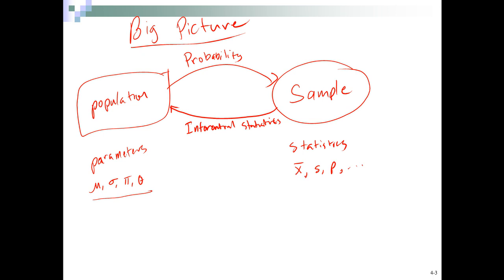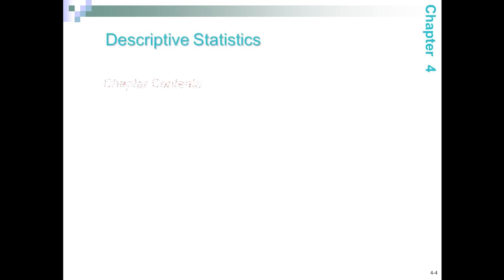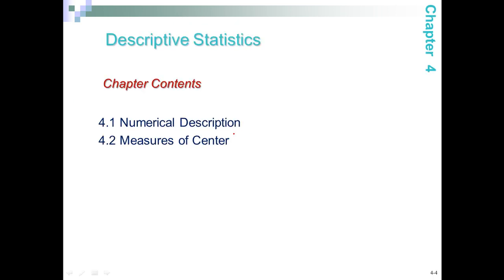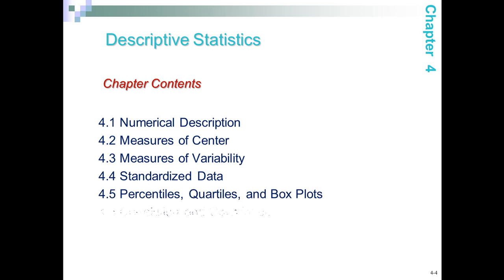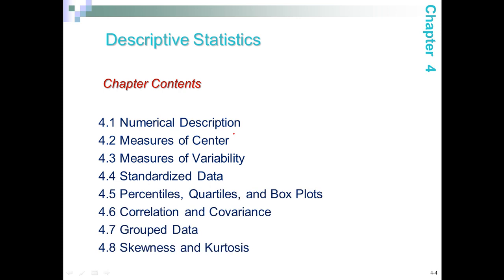So the statistics that we're going to talk about in Chapter 4 are actually called descriptive statistics, and that's juxtaposed to inferential statistics. A descriptive statistic is something that can be thought of and characterized using these different ideas, and that's what we have in Chapter 4.